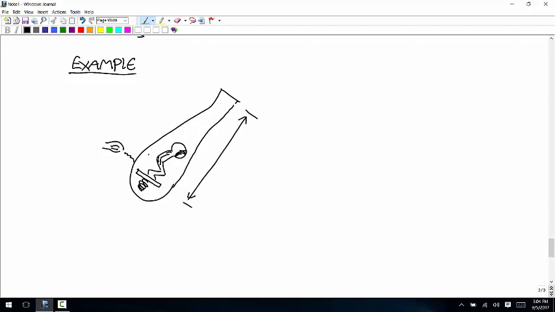So that platform leaves contact with his feet 3 meters after it starts pushing on him. And let's say that over those 3 meters, he goes from rest to 12 meters per second.